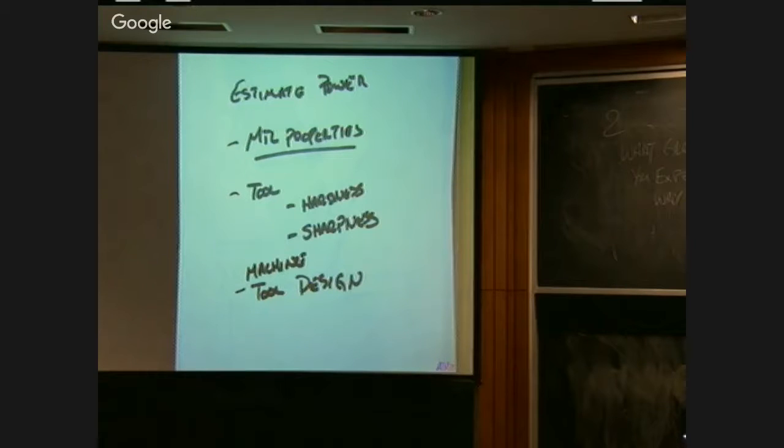What about the dimensions? So yes, but what about the dimensions? How deep you're cutting and how far in you're going. What I really want to know about is the material removal rate.